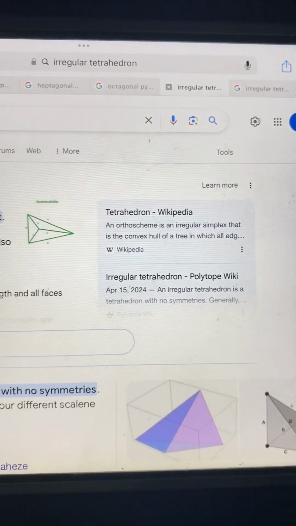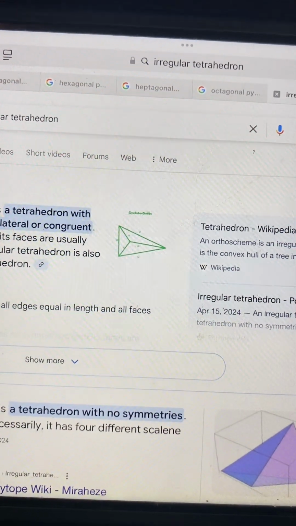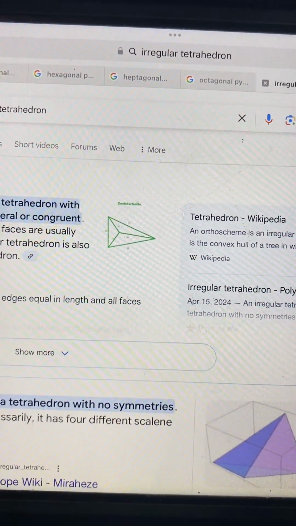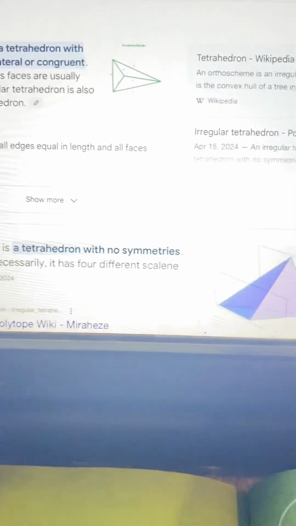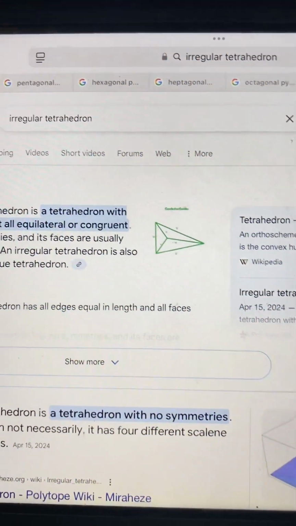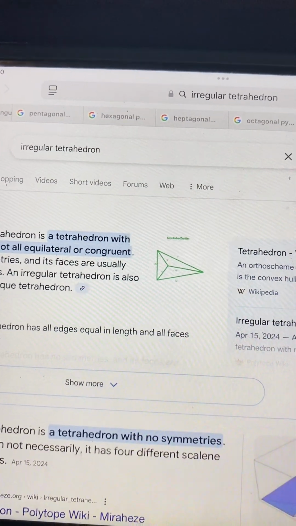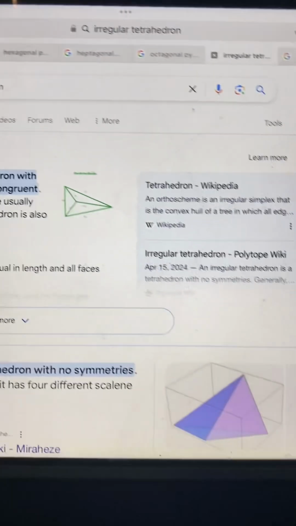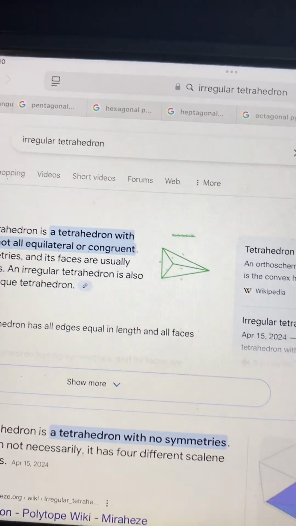A triangular pyramid does not need to have equilateral triangles. So it could have isosceles or scalene triangles. If it has all 4 scalene, then it's an irregular tetrahedron. But all triangular pyramids are tetrahedrons. But some triangular pyramids are regular tetrahedrons, or equilateral triangular pyramids.